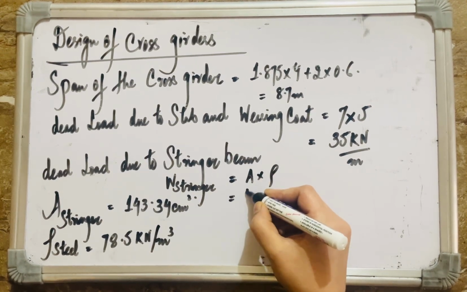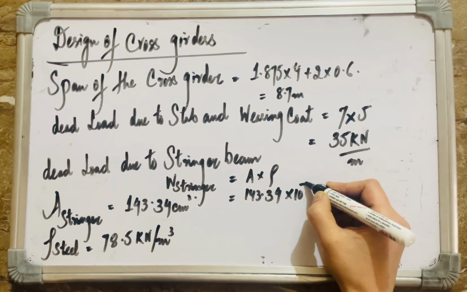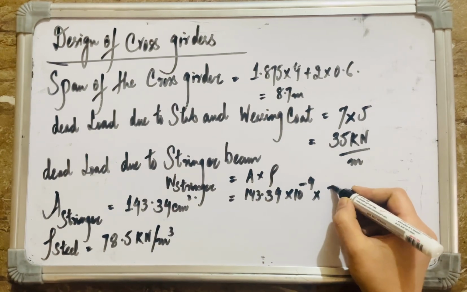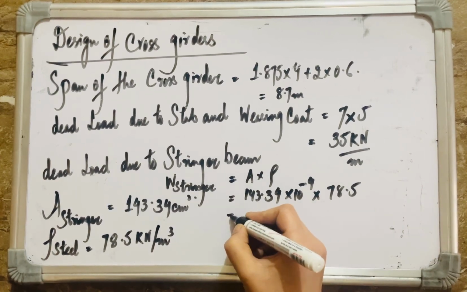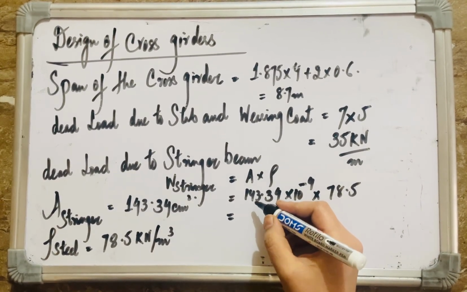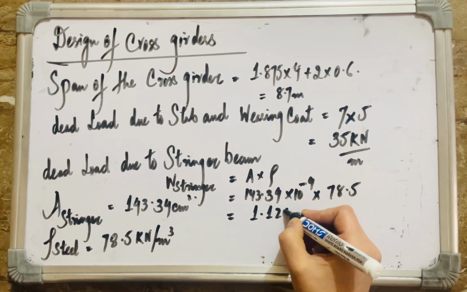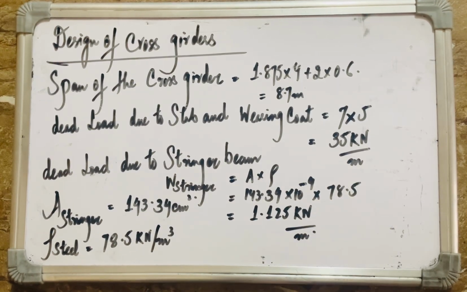Area is 143.34, and for dimensional homogeneity, since here it's meter, times 10 raised to minus 4. Density is 78.5 kilonewton per cubic meter. By calculations, the weight or dead load of the stringer beam is 1.125 kilonewton per meter.